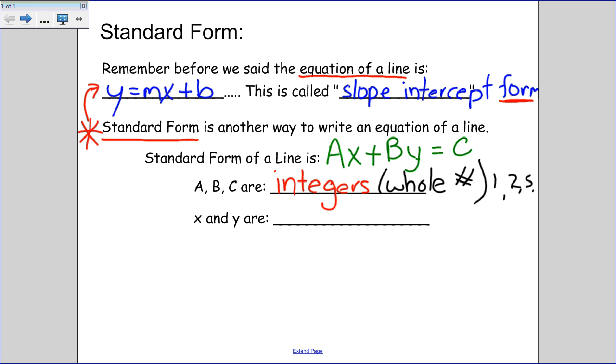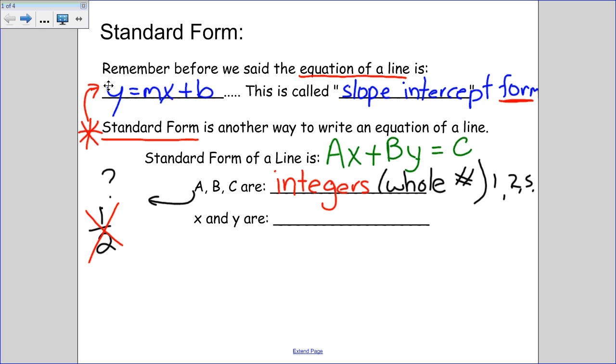Could I have, let's say, 1/2? Could it be 1/2 x plus something y equals c? Okay, it couldn't, because 1/2 is not a whole number. All right, so we have ax plus by equals c.